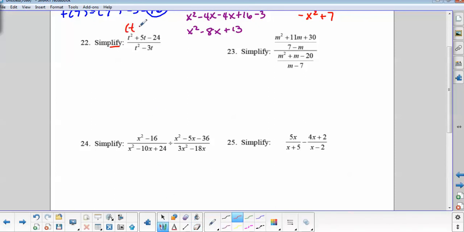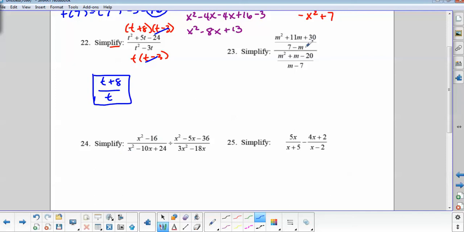So t plus 8 and t minus 3. In the denominator, you have a common factor of t that you need to take out. So take out the t, and you're left with t minus 3. So your t minus 3's will cancel, and your numerator is t plus 8, and your denominator is just t.